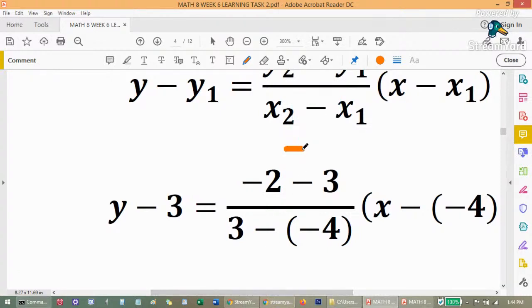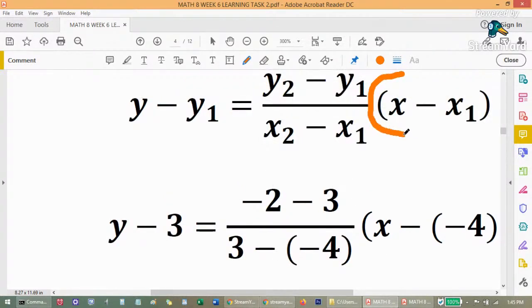So sulat natin minus. And then yung x sub 1 is negative 4, magiging minus 4. Dalawang minus. No? So kailangan maglagay tayo ng parenthesis sa gitna. Okay? I hope nakuha niyo yun, ano? So that's why may parenthesis dito.